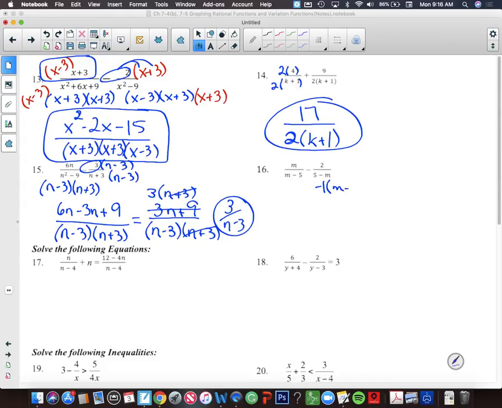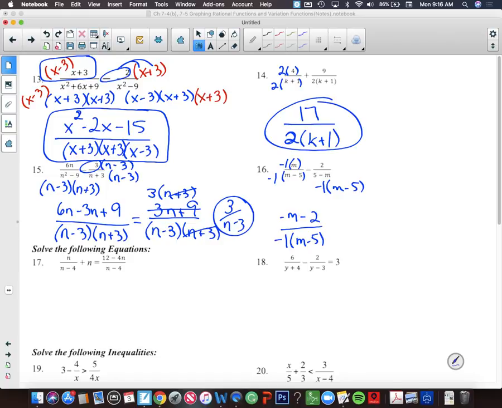And then I'll have m minus 5, because remember when I take out that negative 1, it just flips those around. So this is going to be that negative 1 times m minus 5 is going to be my common denominator. And then it looks like we're just missing the negative 1 here and here. So that will make it a negative m minus 2 on top.